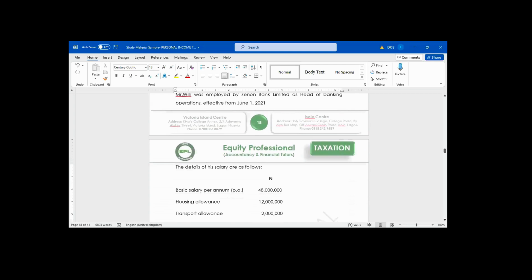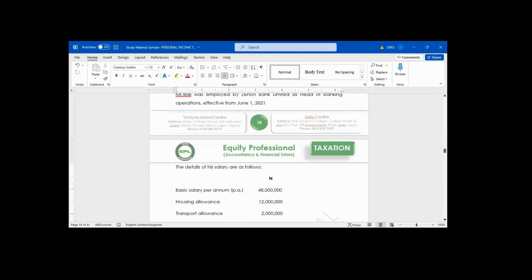All this income given to us is which type of income? Personal income. And what type of income is this? Earned income.